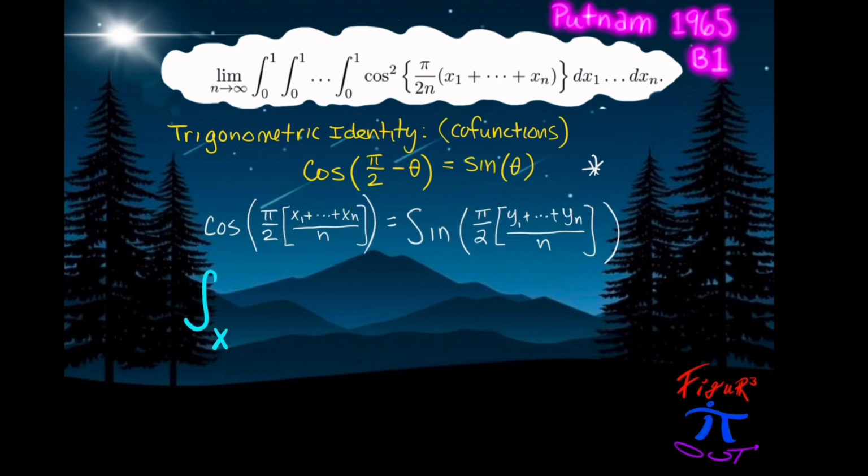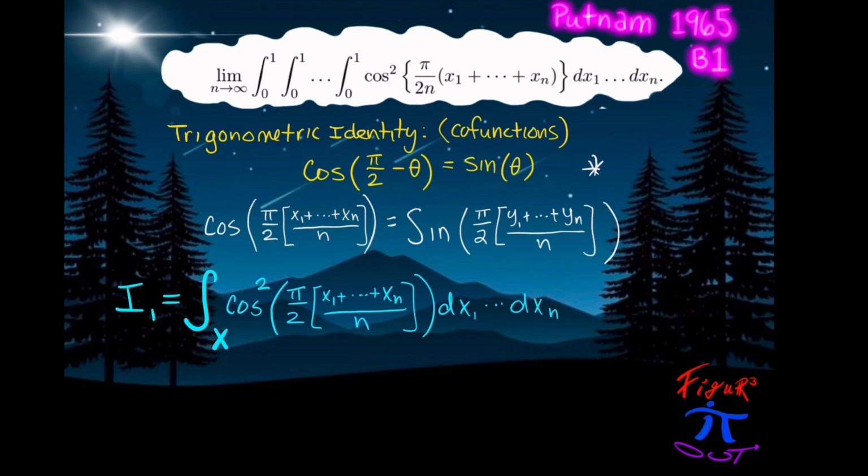So the next thing that we observe is that if we take the integral that we're interested in calculating, of the cosine squared of pi over 2 times x sub 1 plus all the way up to x sub n over n, let's call this integral I1.